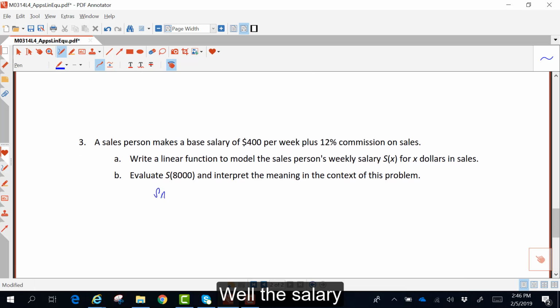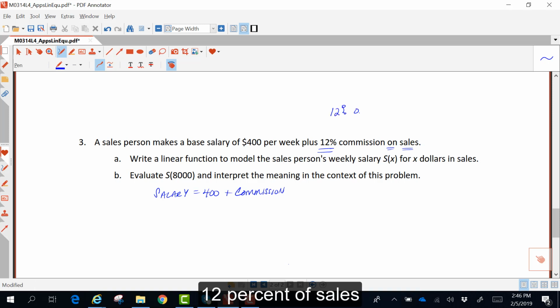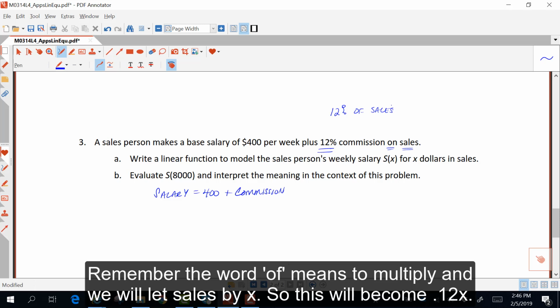Well, the salary would equal the $400 plus the commission. The commission is 12% of sales. Remember, the word of means to multiply, and we will let sales be x. So this would be 0.12 times x.